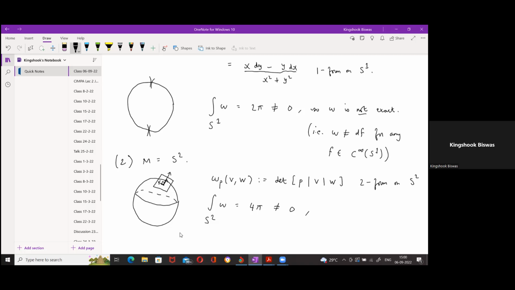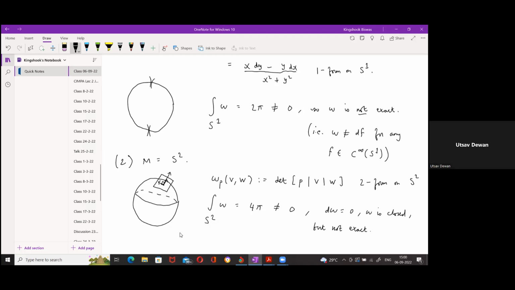Well, it's closed because d omega is 0: omega is a 2 form, so d omega is a 3 form on S2, that's 0. So omega is closed, but not exact because the integral is non-zero.